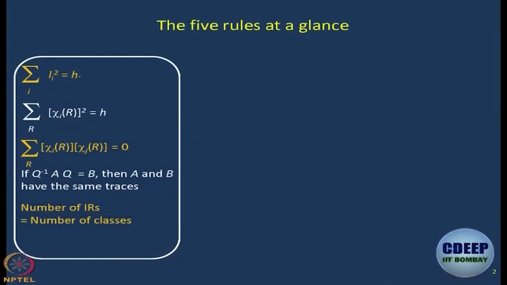To do that, come to this. What is this? This is the orthogonality condition, isn't it? Sum over R, chi i of R multiplied by chi j of R equal to 0, right.